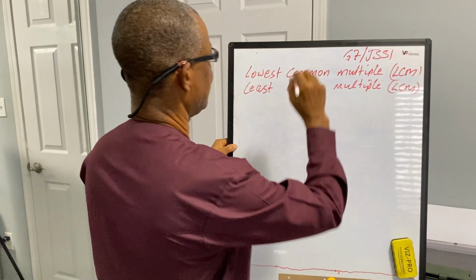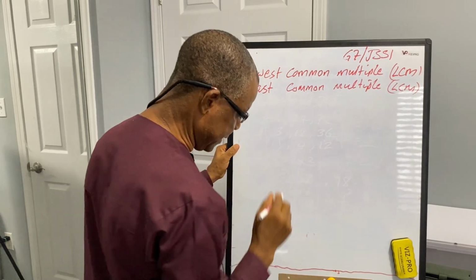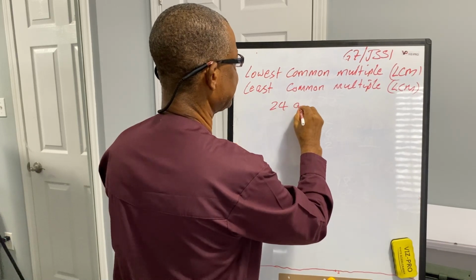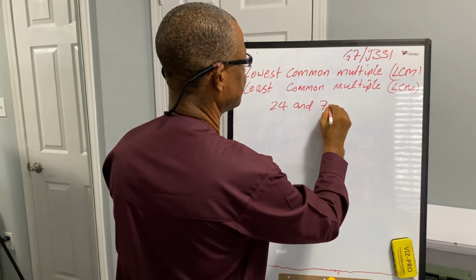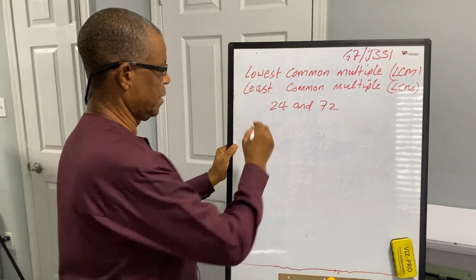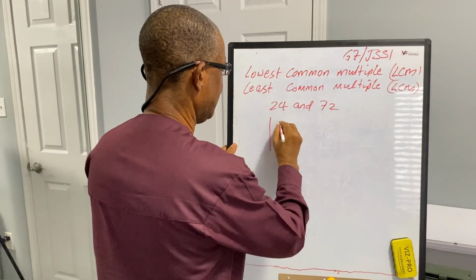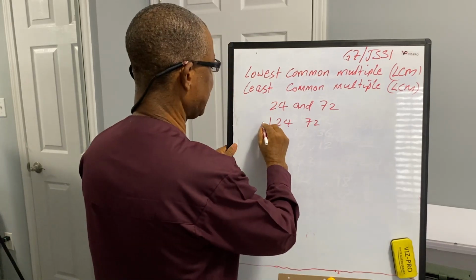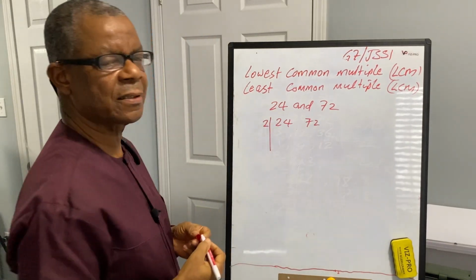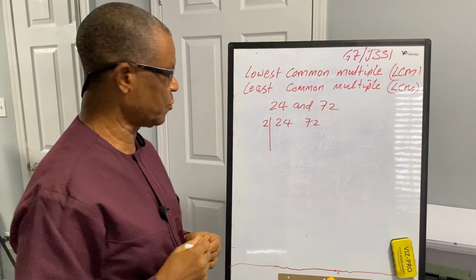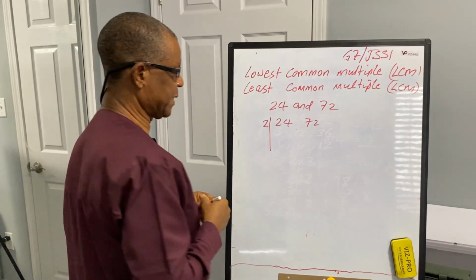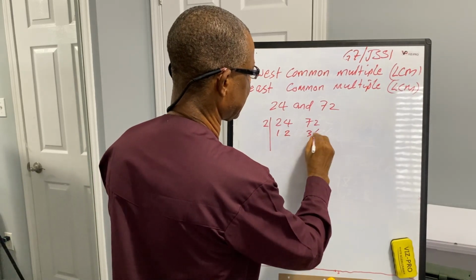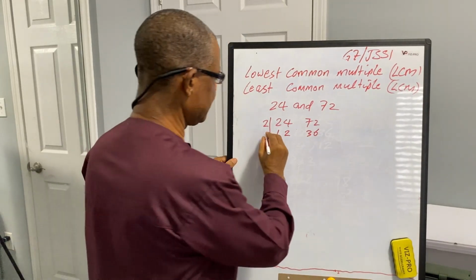Let's have this. We are expected to find the least common multiple of 24 and 72. Here we have 24 and 72. 2 can go. We start with the lowest factor, the least of them. It's better that way. This will give us 12 and this will give us 36. 2 can still go.